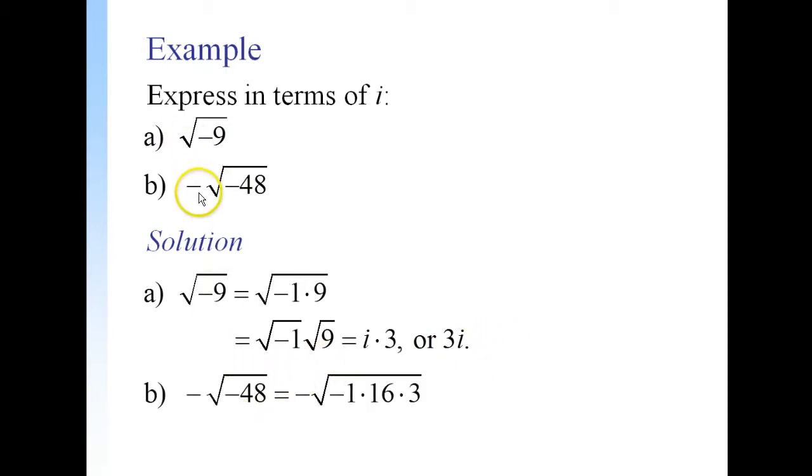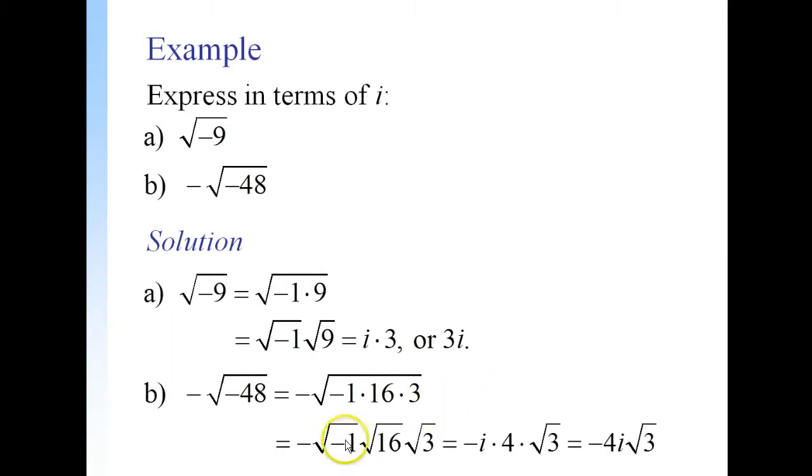And here, notice it's negative. So we have a negative, then the square root of this, which we can divide into -1 times 48. We're looking to find a perfect square factor, and it's there: 16. So we have a negative outside.